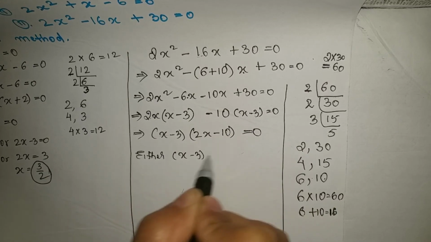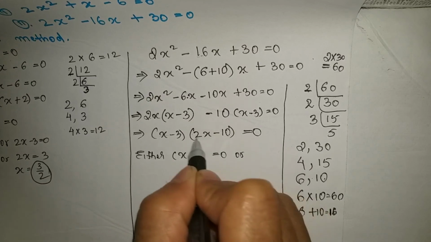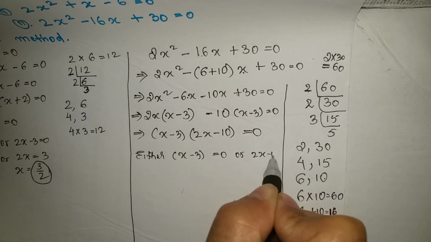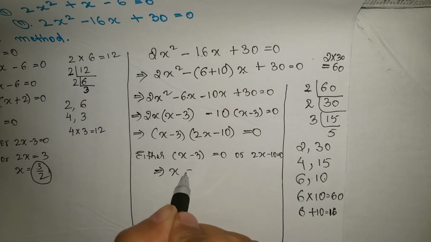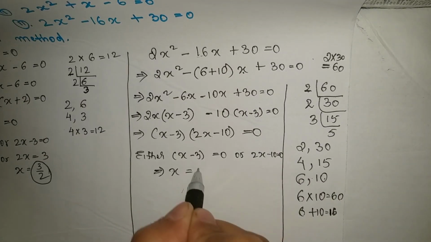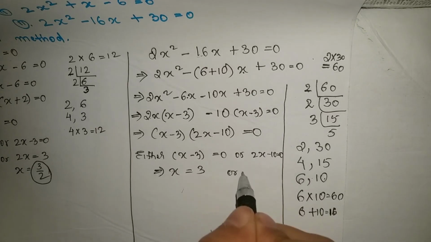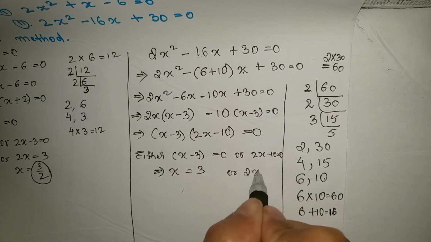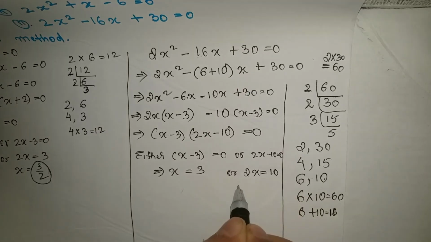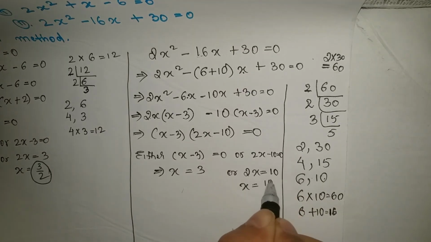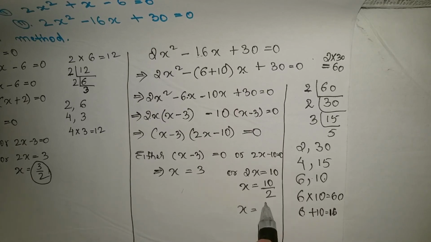From here I get x equal to, I take minus 3 to the other side, I get 3. Or from here I take minus 10 to that side and I'll get 10. X is equal to 10 by 2 or x equal to 5.